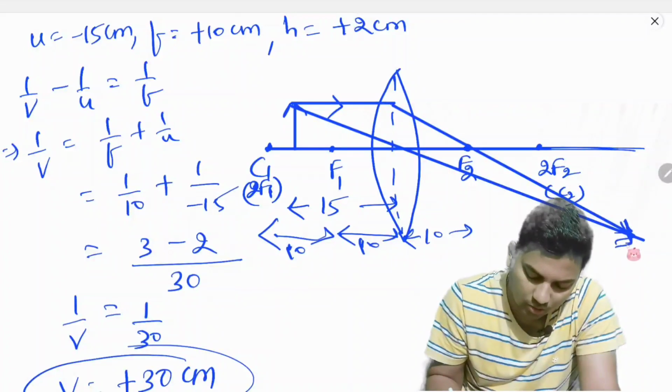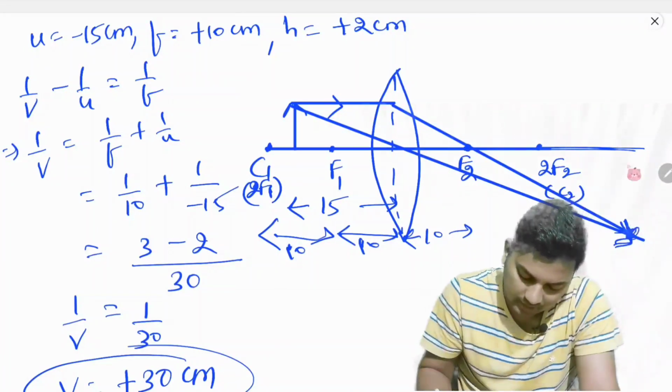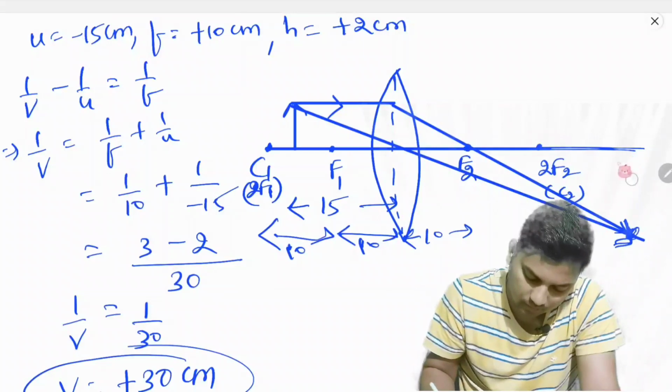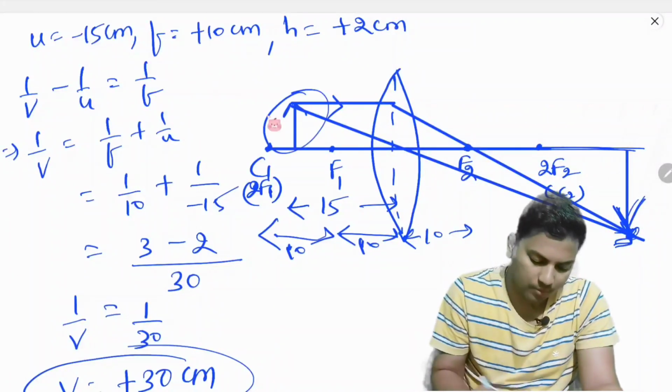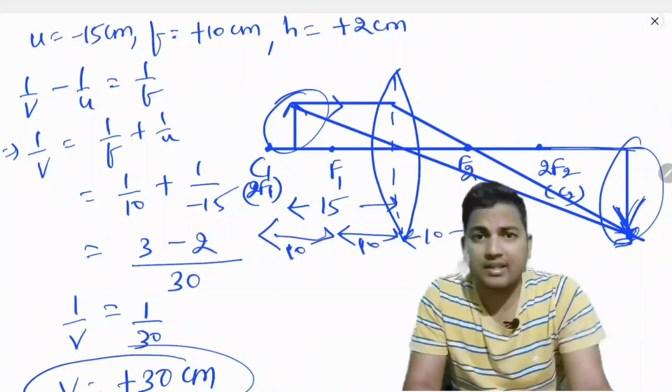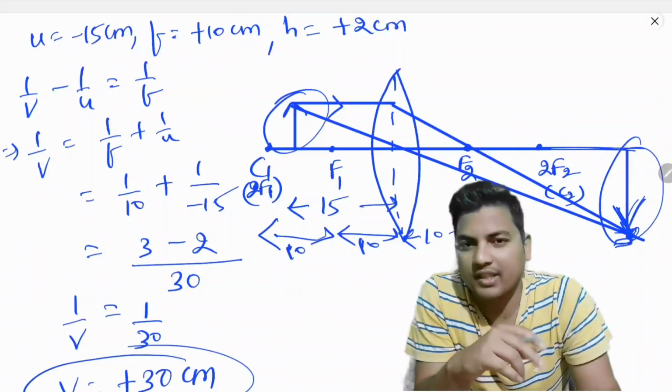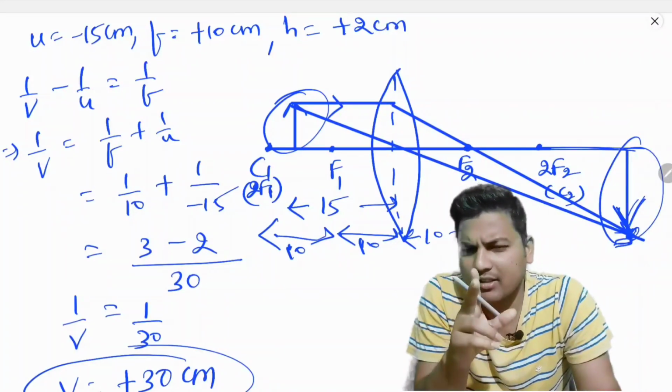So here we've got the image. This one is the object and this one will be the image, and image will be greater than object. That means the size of the image will be greater than the size of the object.